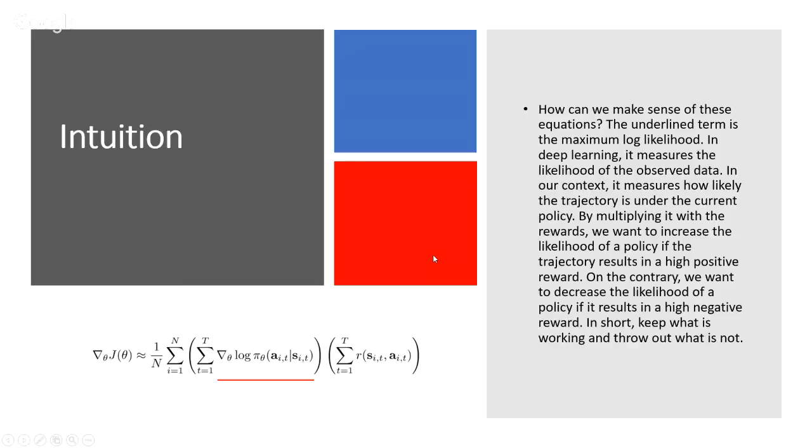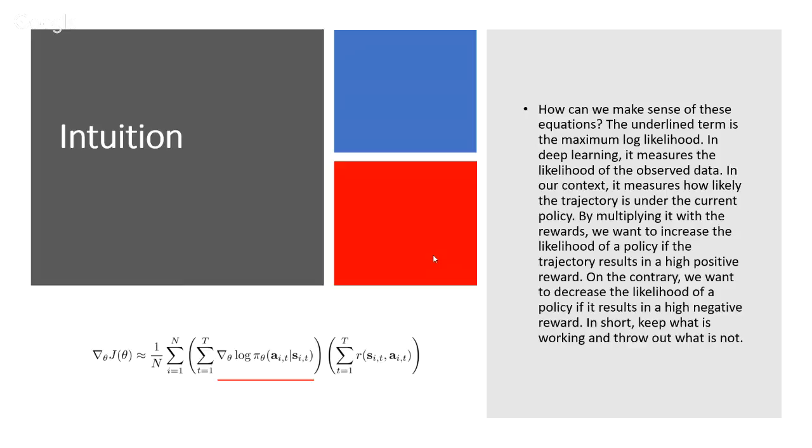Now, intuition. How can we make sense of these equations? The underlying term is the maximum log likelihood. In deep learning, it measures the likelihood of observed data. In our context, it measures how likely the trajectory is under the current policy. By multiplying it with a reward, we want to increase the likelihood of the policy if the trajectory results in a higher positive reward.